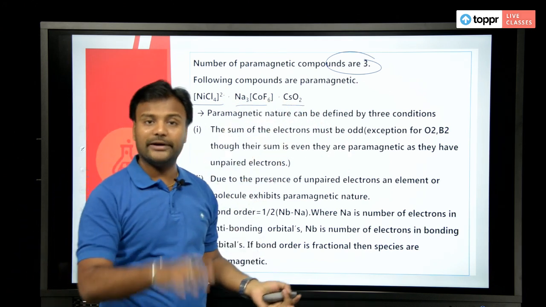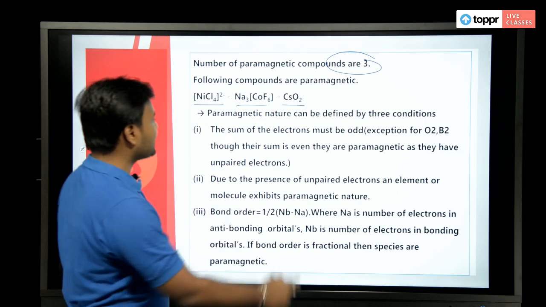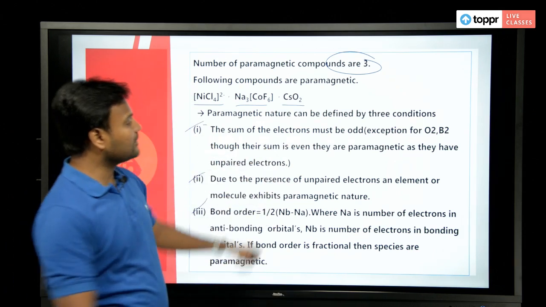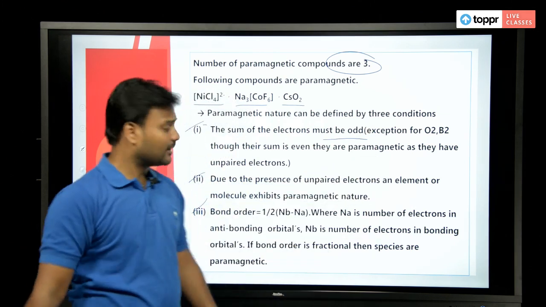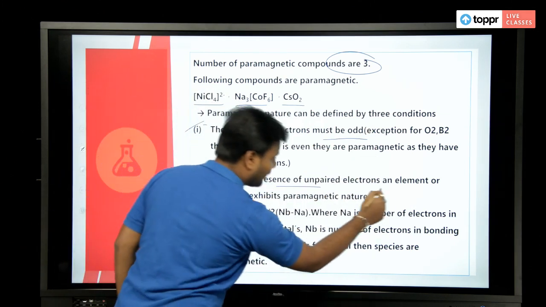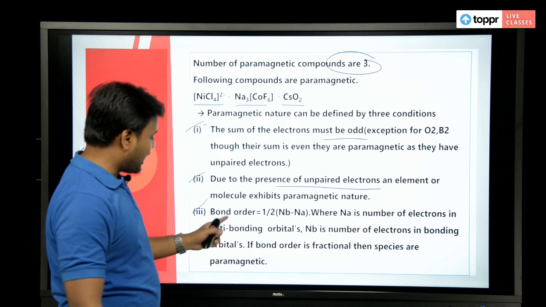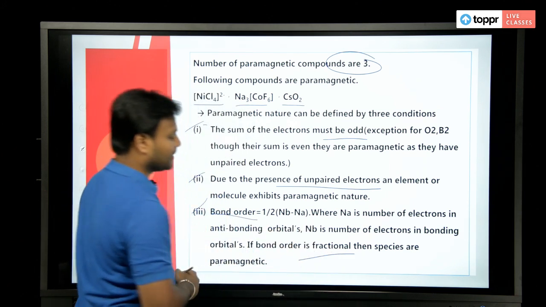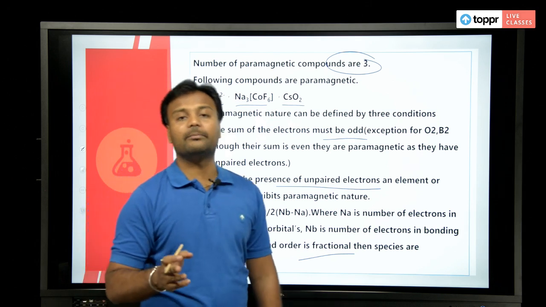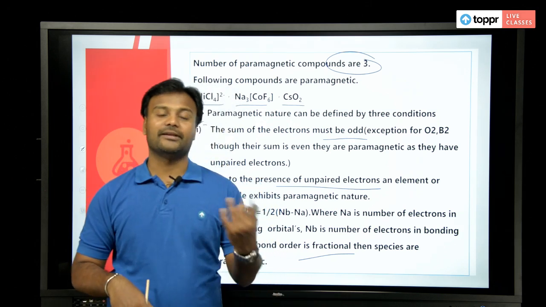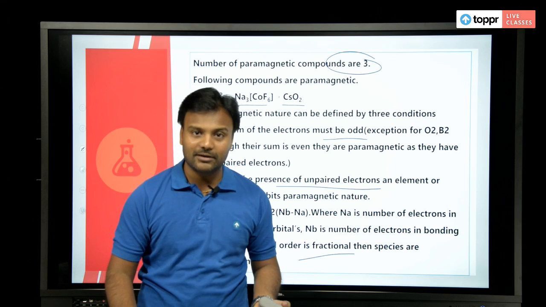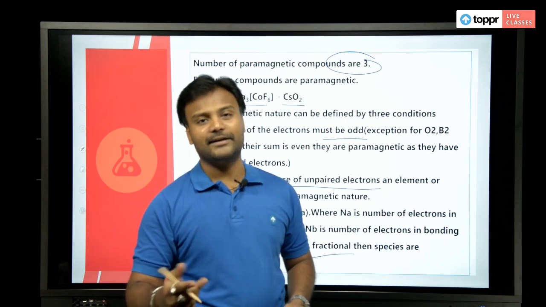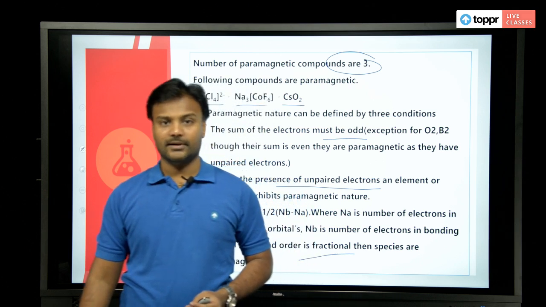As I told you, you need to find out the number of unpaired electrons. The sum of electrons must be odd due to the presence of unpaired electrons in an element, and the bond order should be fractional. Based on this, we can find out whether those compounds are paramagnetic in nature. It's clear?